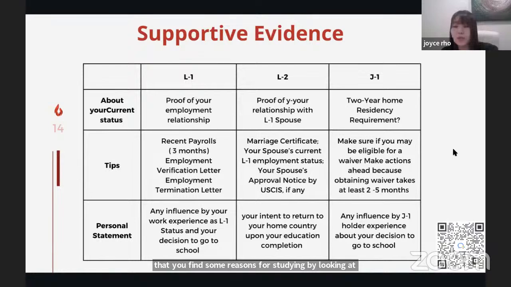As a J1 visa holder, you are here to experience and learn something, right? The purpose of the visa was experiencing a new culture and learning. So find any outcome that you earned as a J1 visa holder, and connect the dots between your experience and your reason to go back to school. If you can make a good story about it in your personal statement, I think that should be enough.